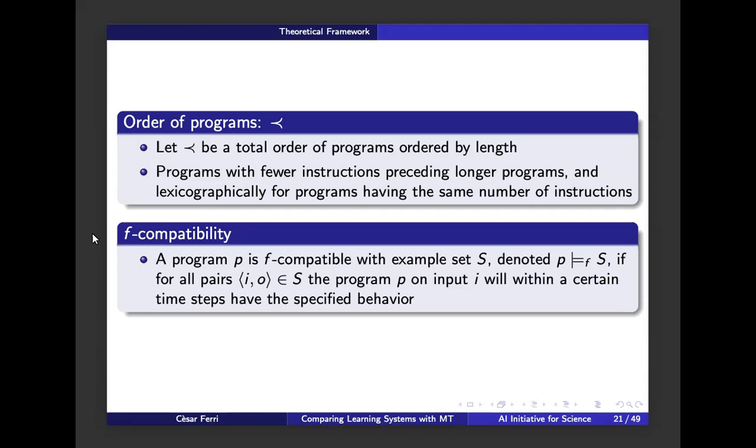Given that we are going to have problems with compatibility, we are going to establish this definition. We say that a program is compatible with an example set, denoted with this, if for all pairs of input and output in the set, the program P on input I will, within a certain number of time steps, have a specific behavior.